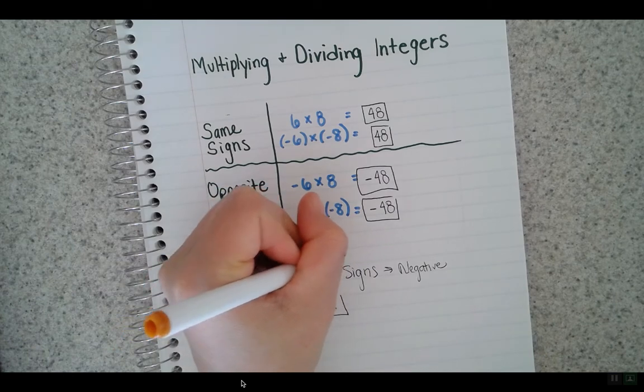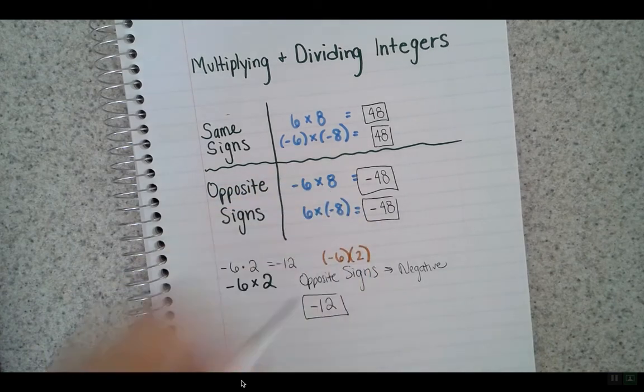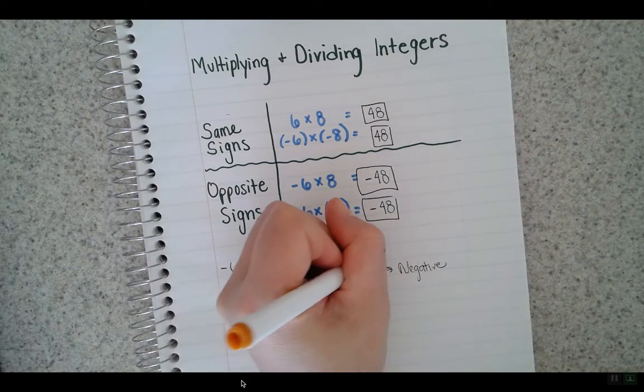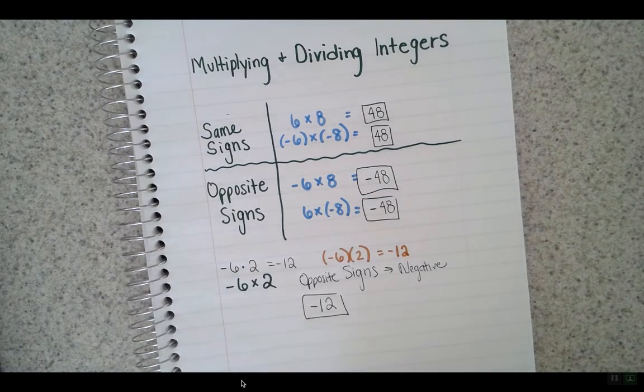Negative 6 times 2. Now, when you have a parenthesis and a parenthesis side by side with nothing in between, that is multiplication. Okay, this right here is a multiplication problem. The answer is negative 12. So definitely keep your eye out for when you have a parenthesis and a parenthesis sitting side by side.